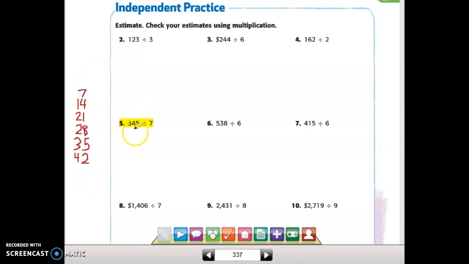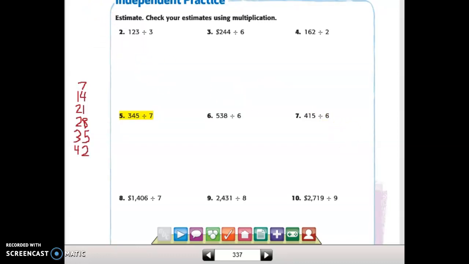So rather than using 34, you're going to have to use your multiples there. That'll happen again on 6 and 7. So check for that, and don't let it trick you up when you get to those other problems.